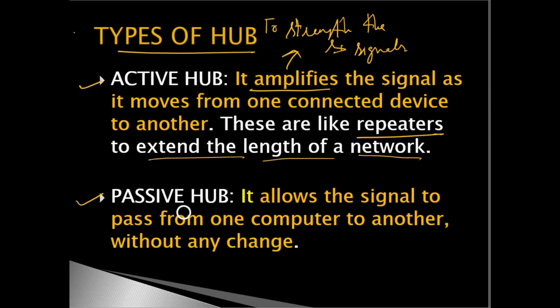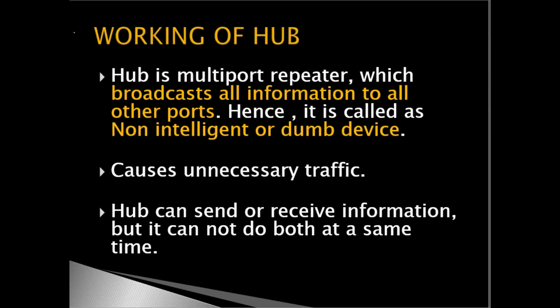On the other hand, the passive hub allows the signal to pass from one computer to another without any change. It will not change any messages being transmitted. That's called a passive hub.